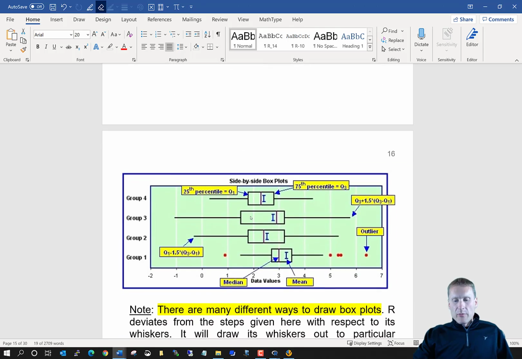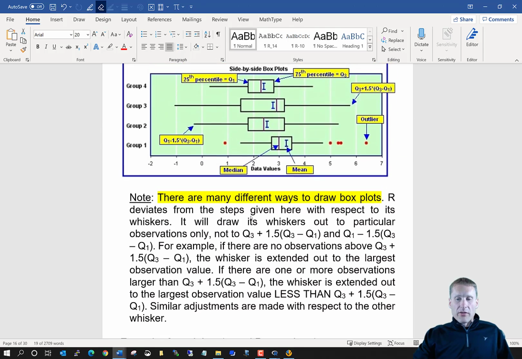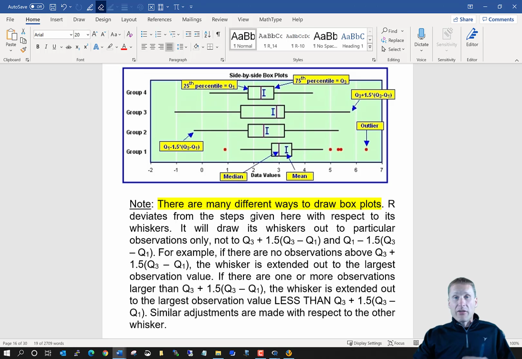Now, I do want to mention, before we actually look at how to do the plot in R, that R does the plot a little bit differently in terms of how far these whiskers go out. Rather than going out as far as I've mentioned, what R does is, let's say the largest observation was 5 for group 2.